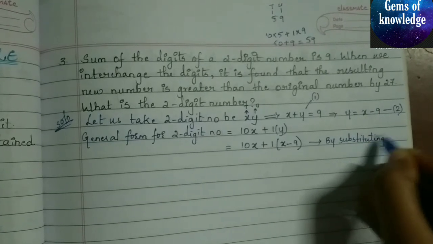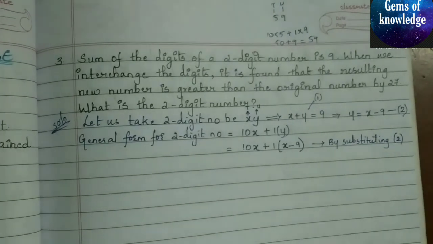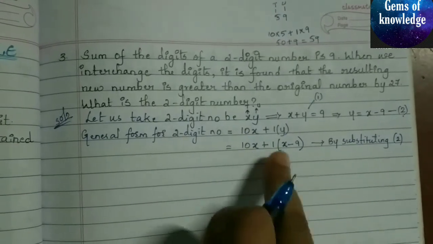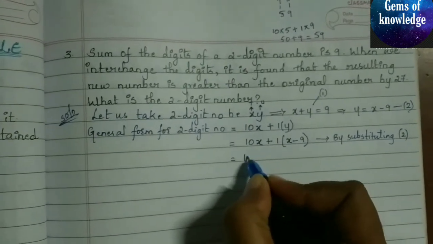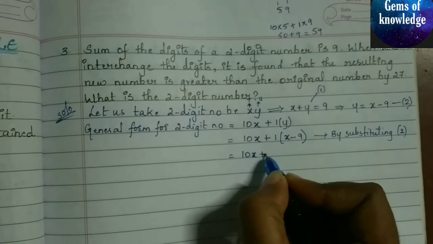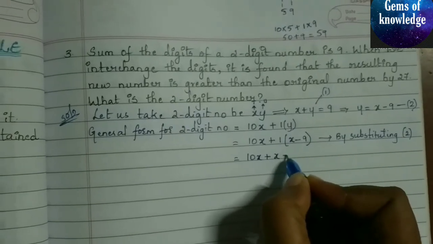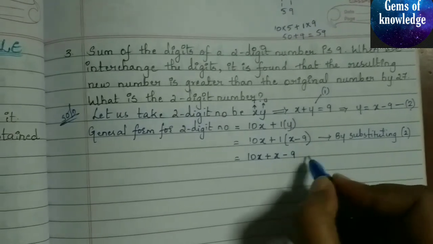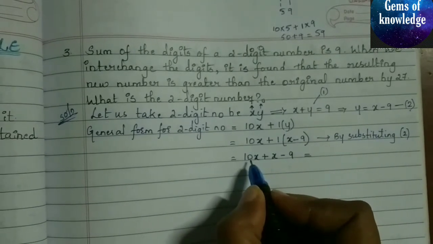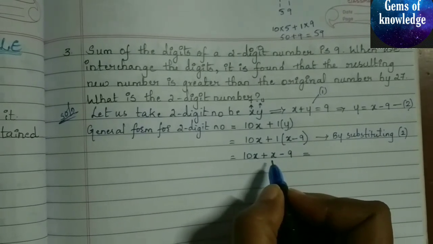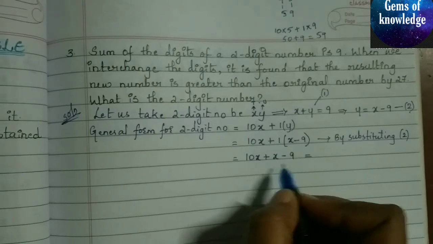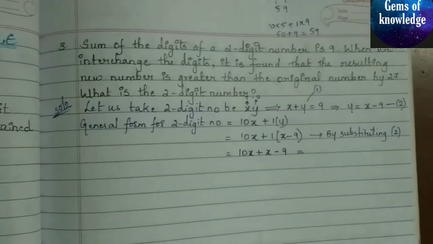So when we open this, we get 10x as it is, plus 1 into x is x, minus 1 into 9 is 9. So here we get the answer as 10x plus x minus 9.